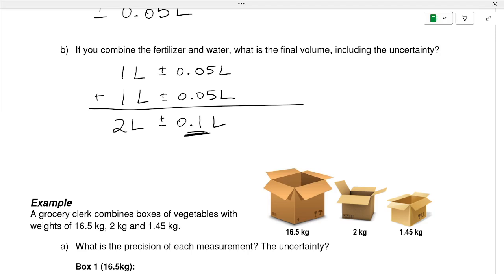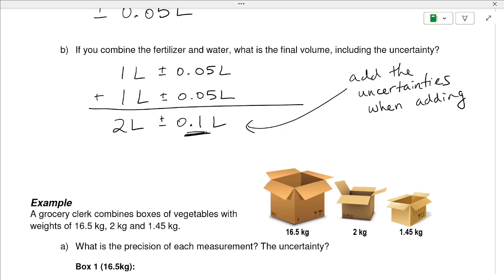So my entire final volume has an uncertainty of 100 milliliters, or 0.1 liters. Okay, so maybe this is our notes, we'll say: add the uncertainties when adding or subtracting measurements.